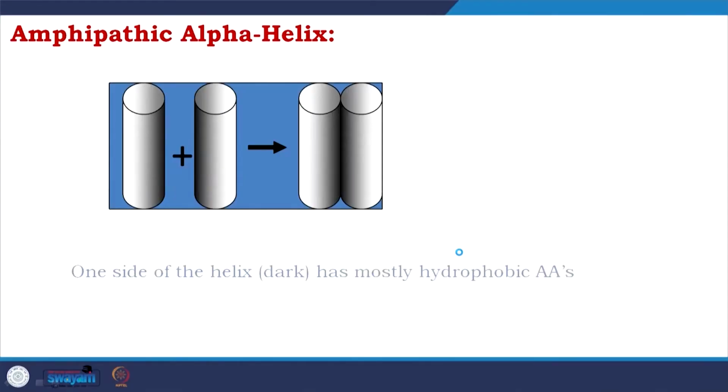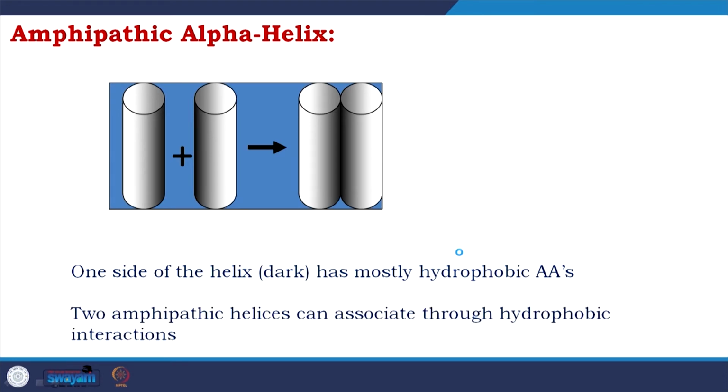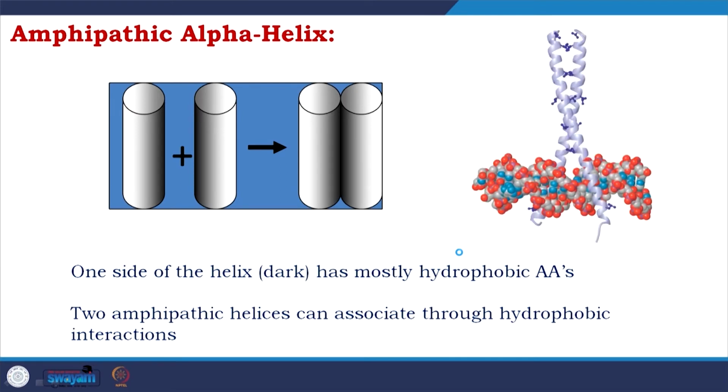Amphipathic alpha helix. One side of the helix has mostly hydrophobic amino acids. Two amphipathic helices can associate through hydrophobic interactions. Here you see the example which is called leucine zipper. Leucine zipper is a motif, a super secondary structure, which we will talk about later.